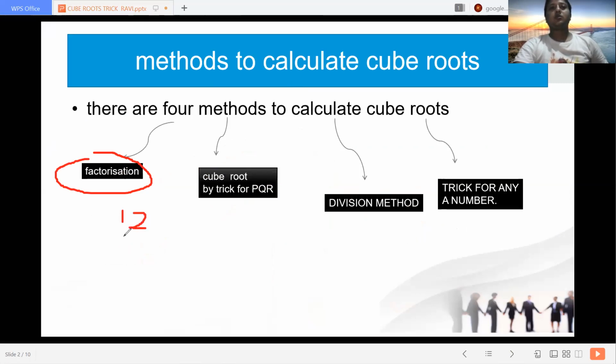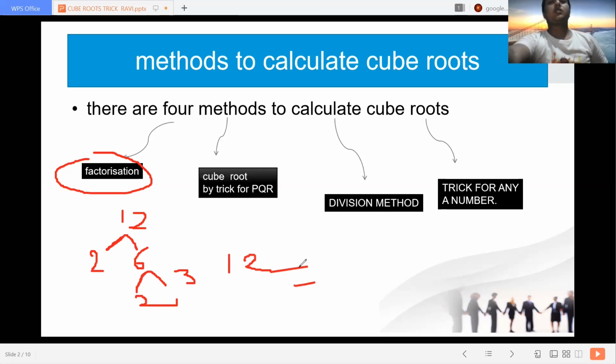Factorization of 12: we can draw factors 2, 6, and again 6 is 2 and 3. Therefore factorization of 12 equals 2 multiply 2 multiply 3.